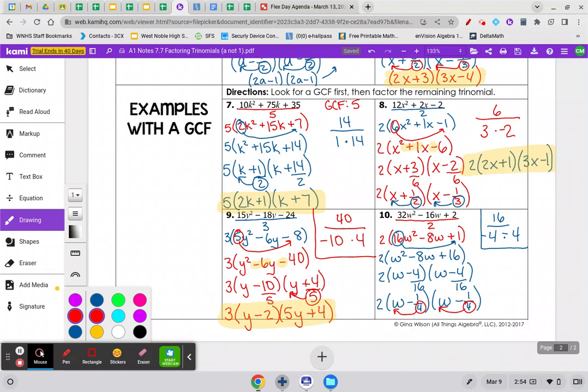So our final here, well, not actually final, I should say, is 2 parentheses 4w minus 1, 4w minus 1. Notice the 4w minus 1 is repeated, so we can actually just write it once. Keep that 2 on the outside and parentheses 4w minus 1 squared is actually our final.